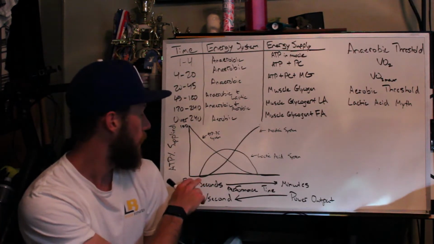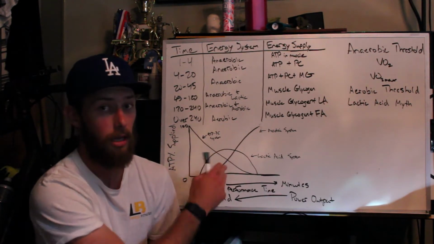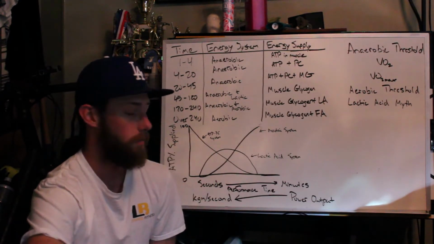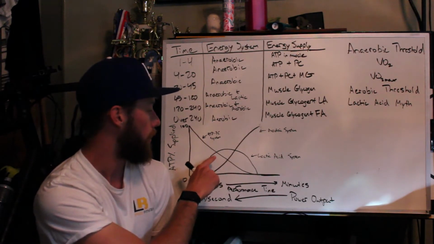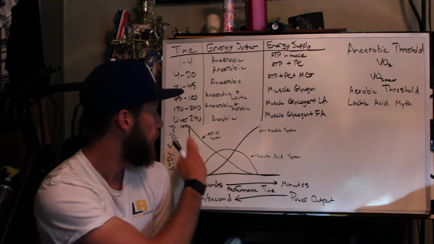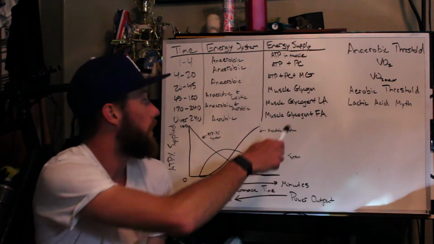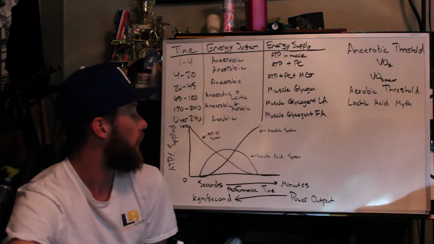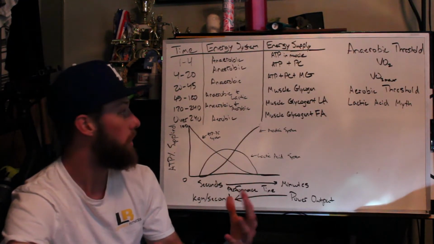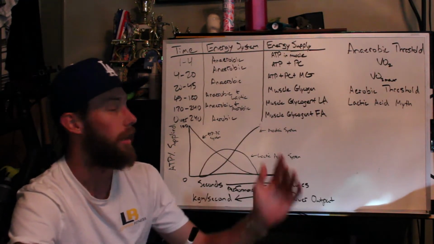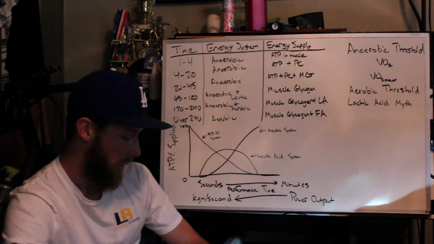It takes a few seconds, but then you also gently start to increase with the lactic acid system, so you start to produce more lactate. All right, and you see there's a point where you meet, and then it actually overtakes your ATP system. So that's kind of right here in the middle, where you're using a combination of all three, essentially: your ATP-PC, muscle glycogen, and then you start to use lactic acid through the Cori cycle that starts to develop, and that happens.